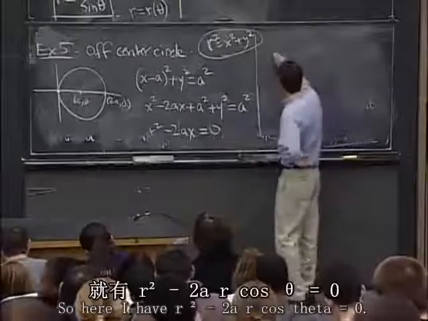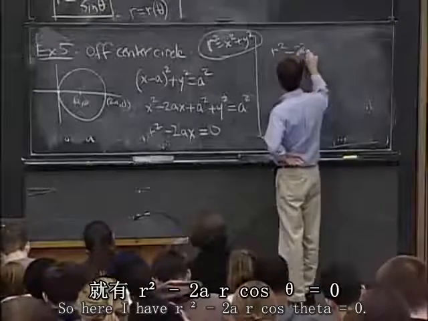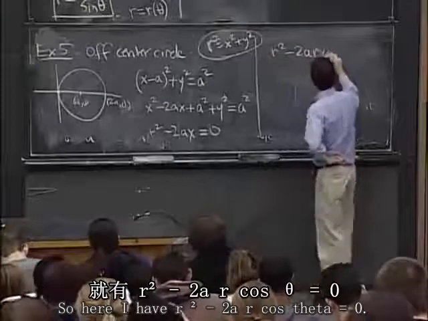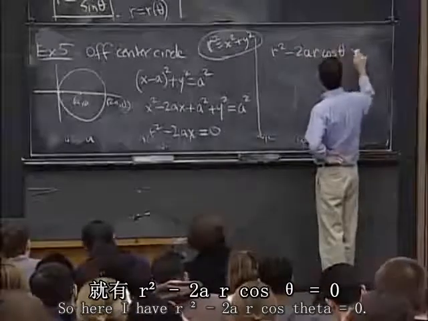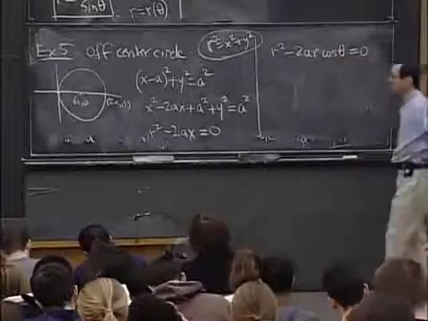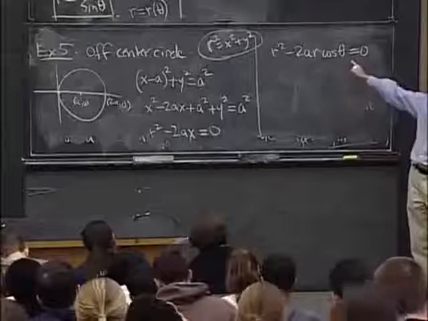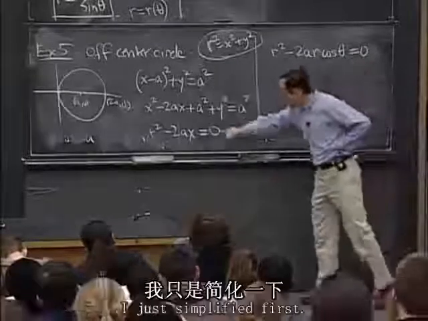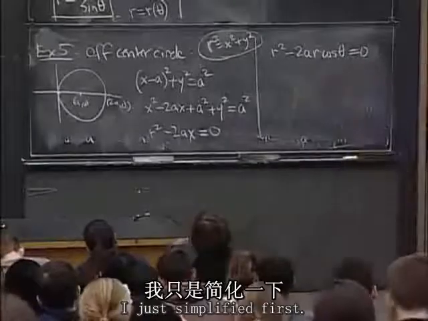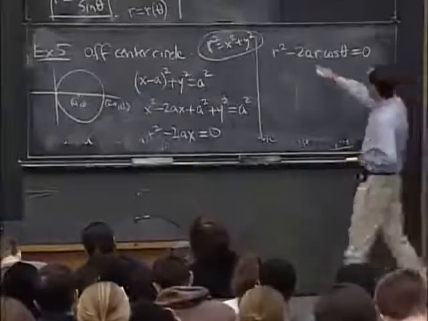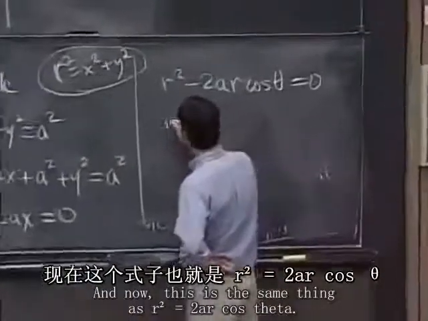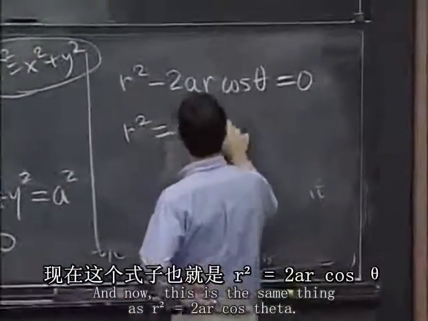So here I have r squared minus 2a r cosine theta equals 0. I just plugged in for x. As I said, I could have done that at the beginning. I just simplified first. And now, this is the same thing as r squared is equal to 2ar cosine theta.